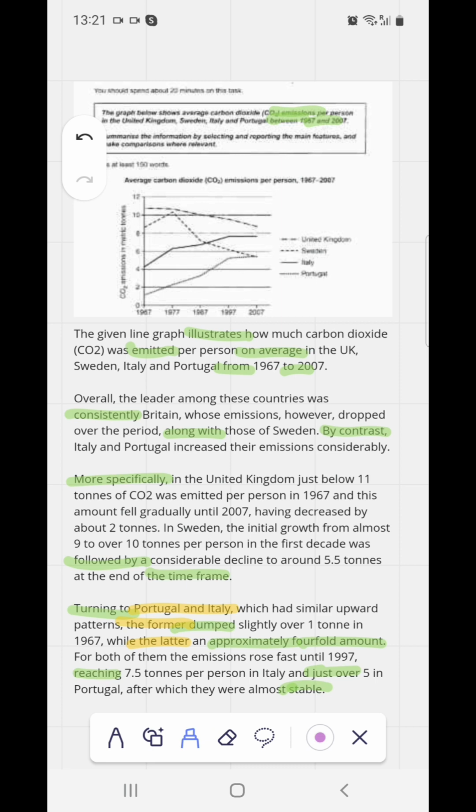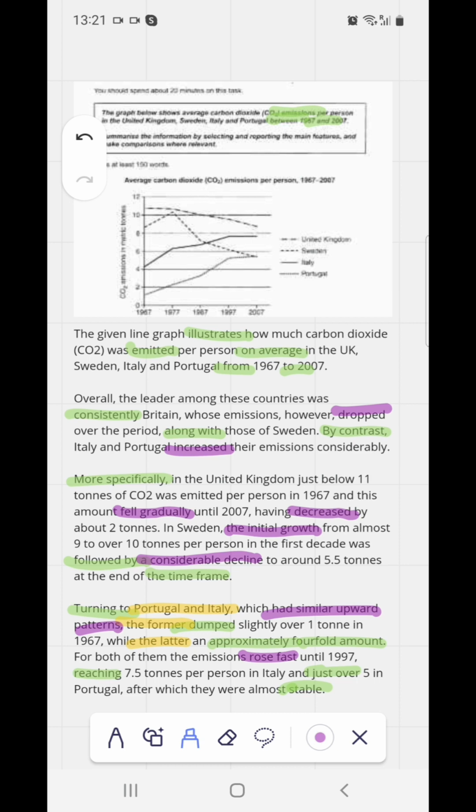So here we have dropped, increased, fell gradually, decreased, the initial growth, so a considerable decline, have similar upward patterns, rose fast.